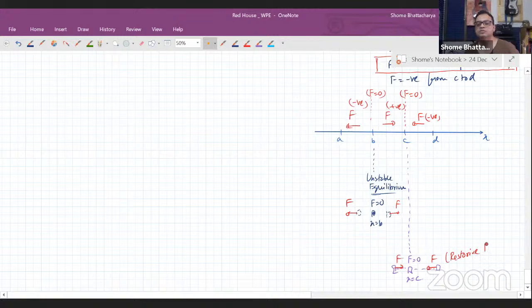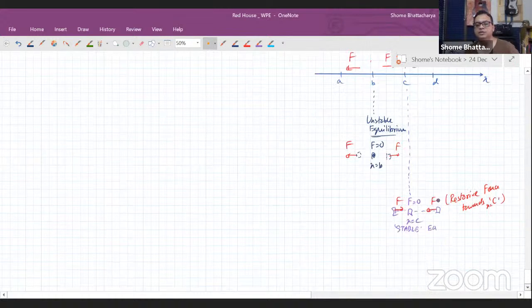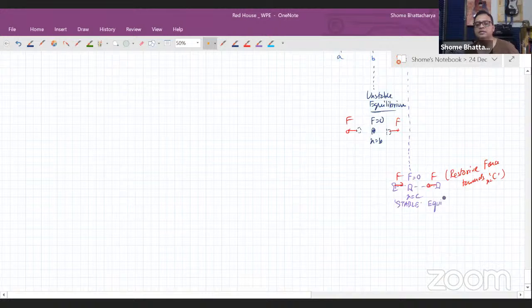It restores it back to C. Restorative force towards the point C, or x equal to C. That is why x equal to C is what we call a stable equilibrium position. It tends to be stable at that equilibrium position, because even if you try to push it a little away from equilibrium, the internal force will take it back.